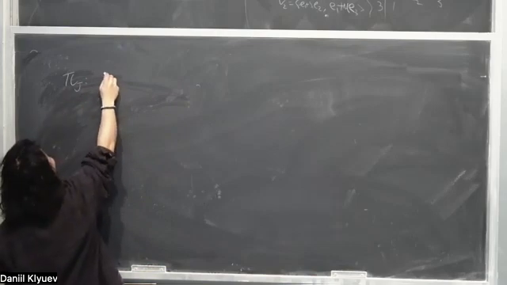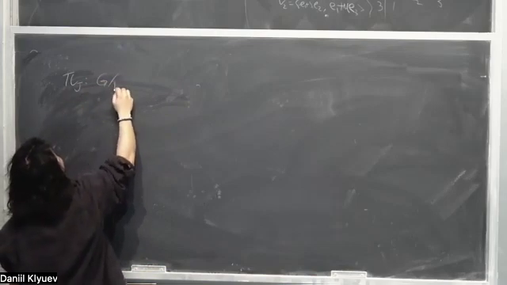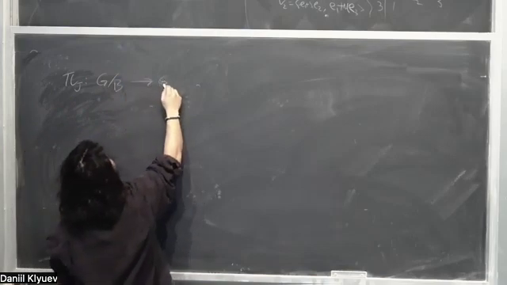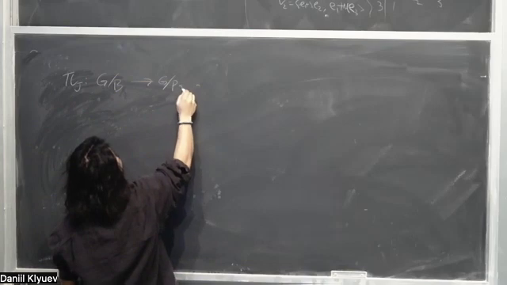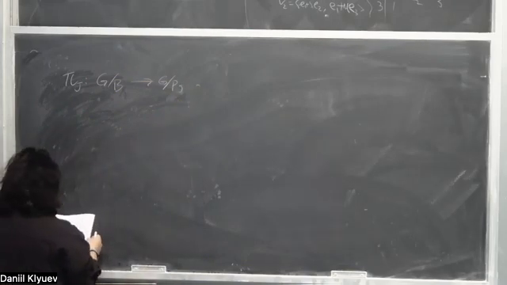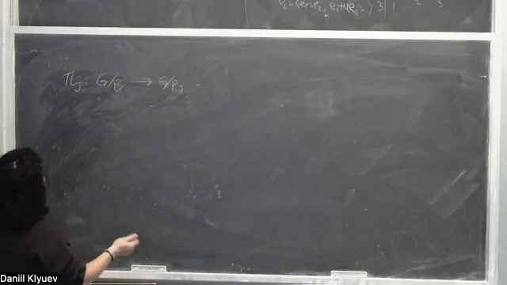So how do you see G mod B to G mod B j. Okay, so we want to look at the push-pull along this map.